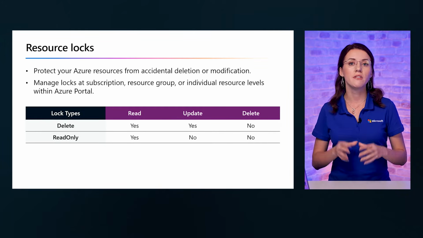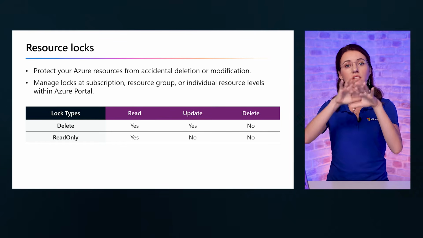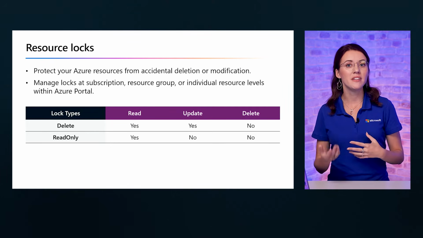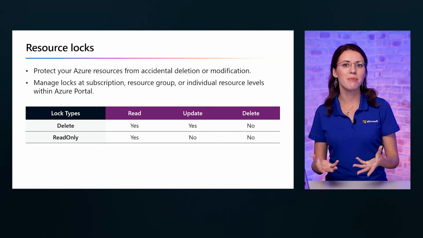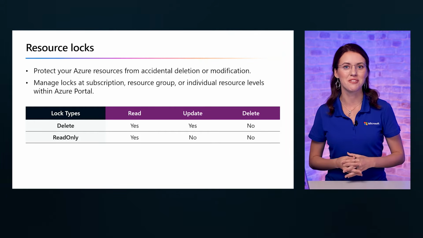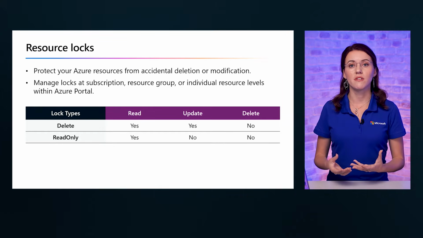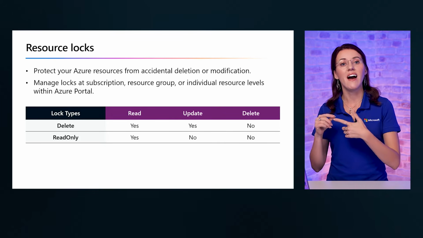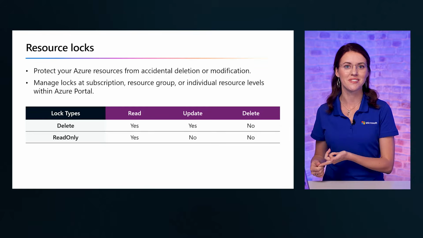Resource locks can be applied to individual resources, resource groups, or even entire subscriptions. They can also be inherited, meaning if you place a resource lock on a resource group, it applies to all resources in that group. There are two types of resource locks. One prevents users from deleting, while the other restricts users from modifying or deleting a resource.